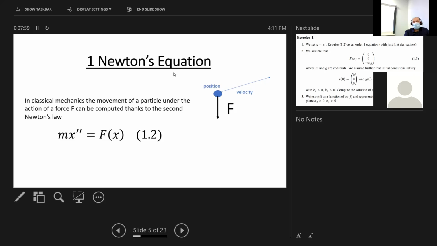Basically, when you have a particle, it moves under some forces, and the trajectory of the particle is ruled by this law. m is a constant, the mass, then you have x, and you take 2 derivatives with respect to the time. And here you have all the forces that apply on your particle.